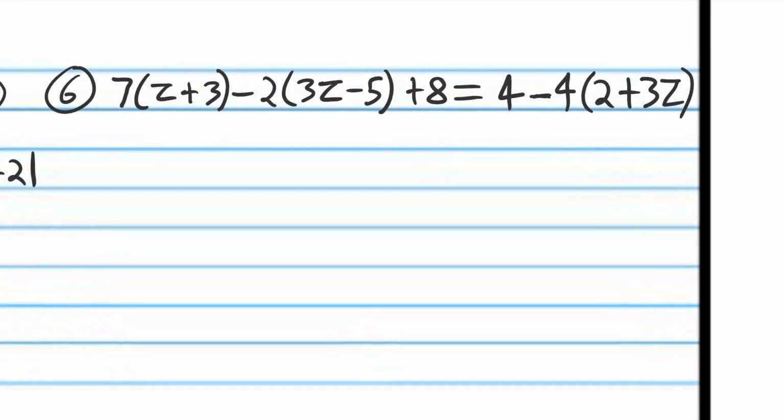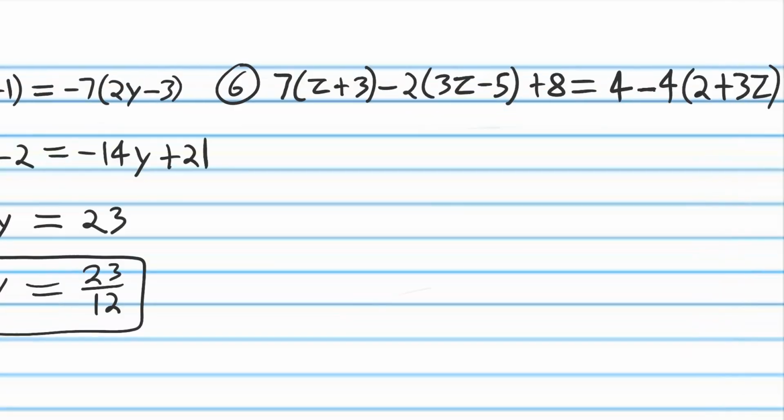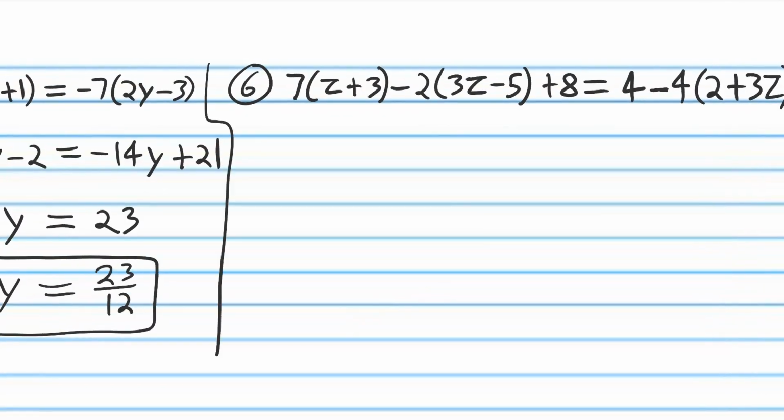All right, so this is a big one, but we can still do it. Go ahead and try number 6, and when you come back, we'll do it together. All right, we're back. I'm going to make a divider line here. 7 times z is 7z. And at this point, I'm just going to do it.